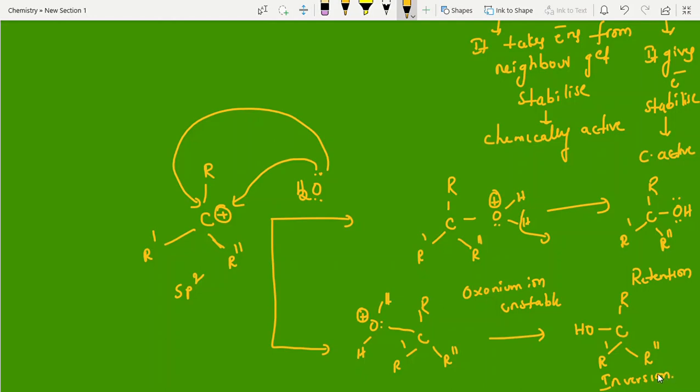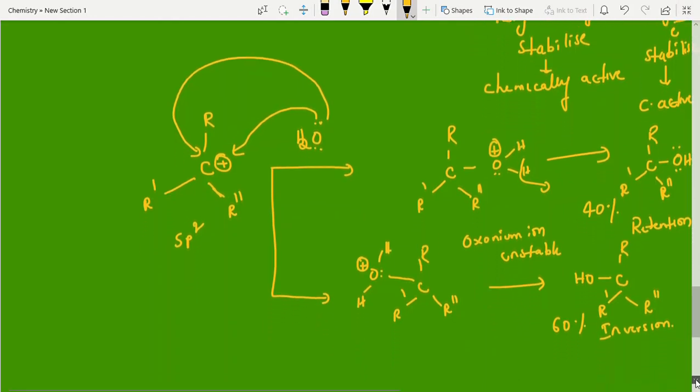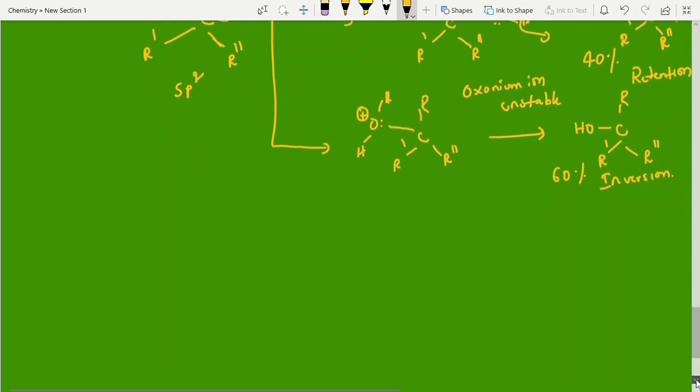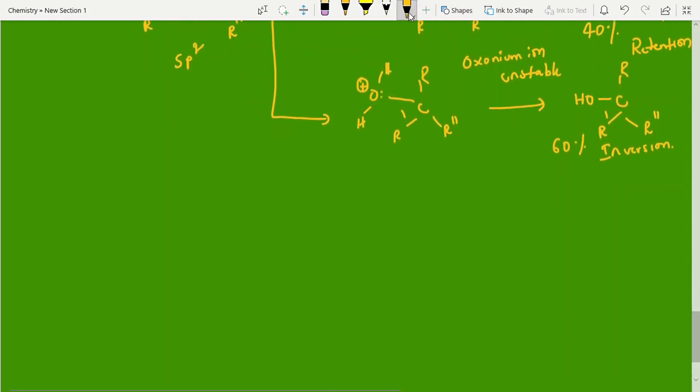Okay, so maybe it is 40%. Retention is 40%, inversion is 60%. Okay, some note points I am giving. All note points, first you have to listen, and again I will show this example to you to understand more. Okay, look into this note point.